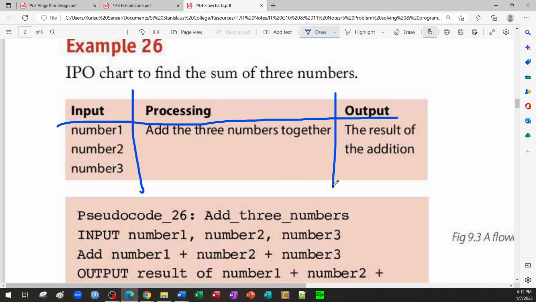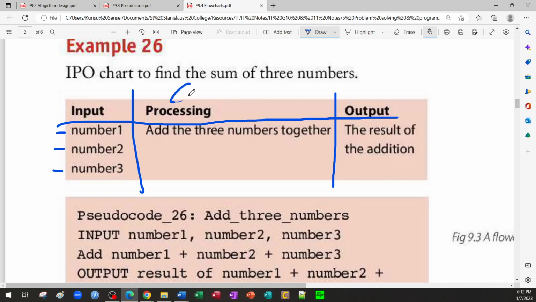So IPO chart input, this here is basically indicating you are putting 3 values into 3 variables called number 1, number 2, and number 3.